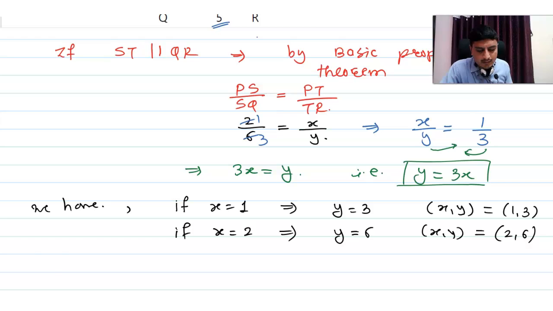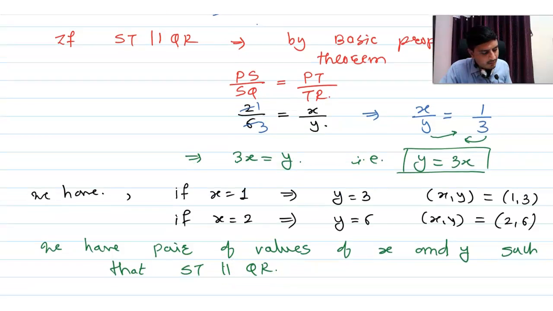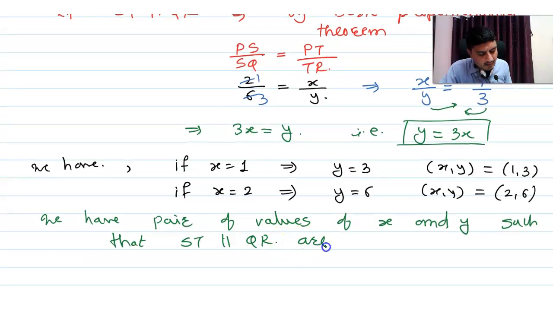So the pairs of values of X and Y such that segment ST is parallel to side QR are 1 comma 3 and 2 comma 6.